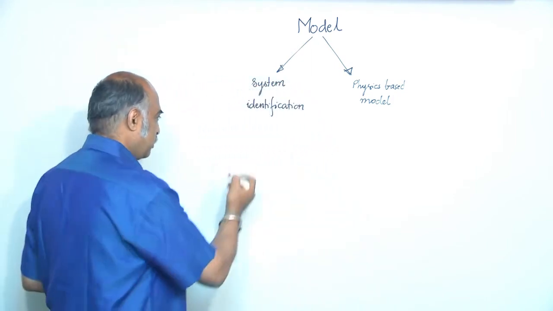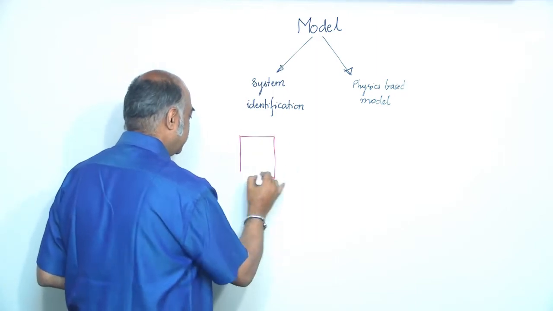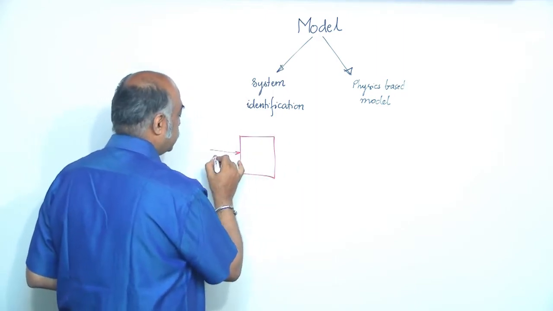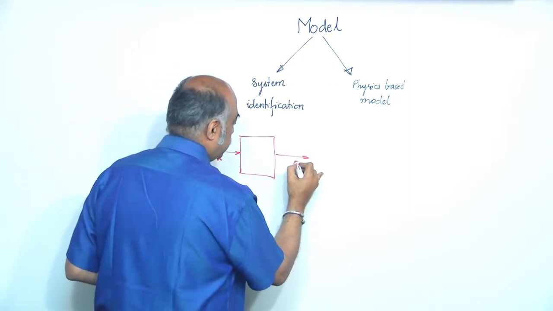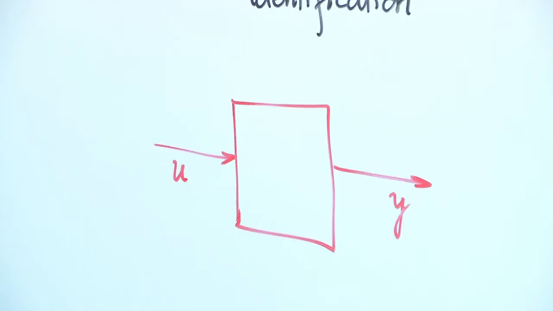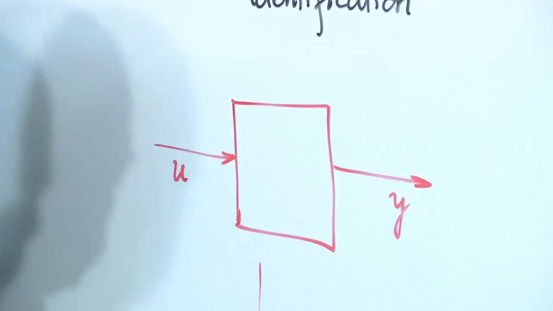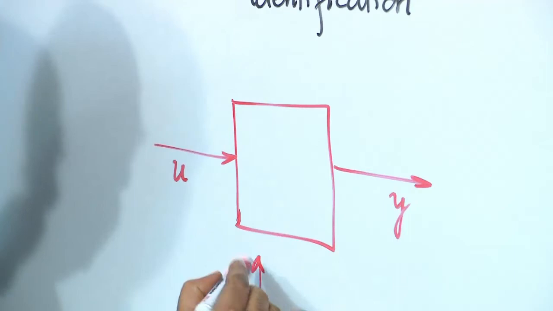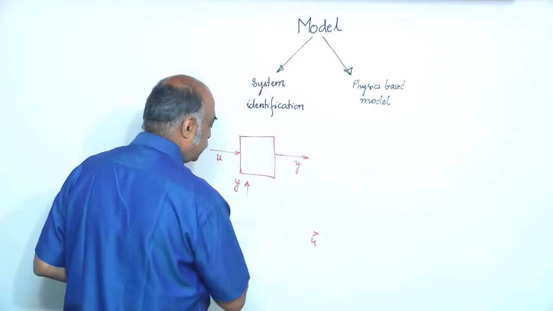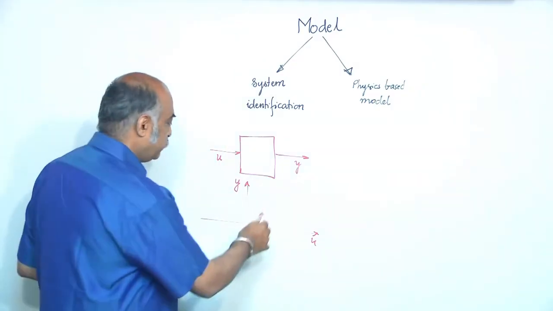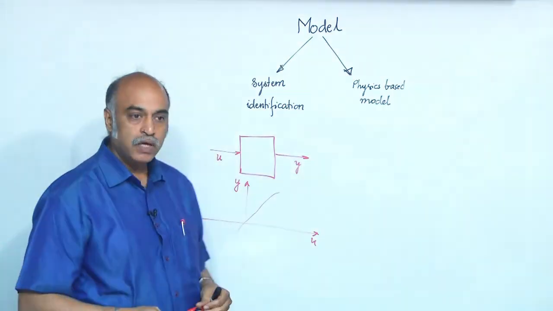So, it is a black box for you, a red box here in this case, and you have a set of inputs U and you have corresponding outputs Y. You keep on giving different inputs, and you keep on sensing or reading out the outputs, and then based on this you will have a mapping and try to find out the input output relationship.